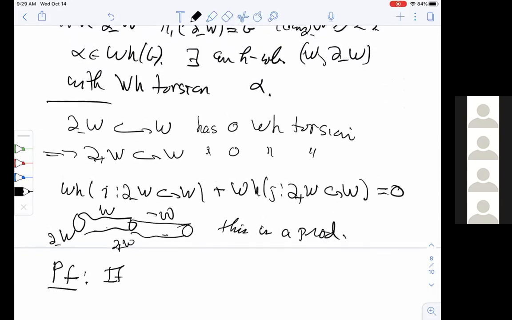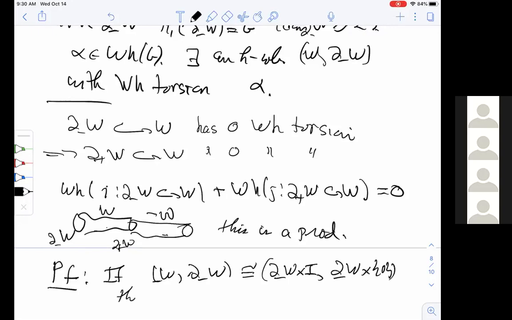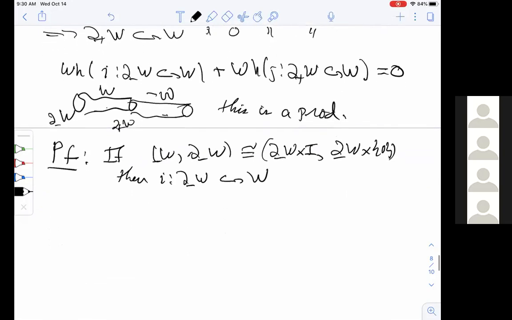If W is isomorphic to boundary minus W cross I, with boundary minus W cross 0, then the inclusion of boundary minus W into W has trivial Whitehead torsion.